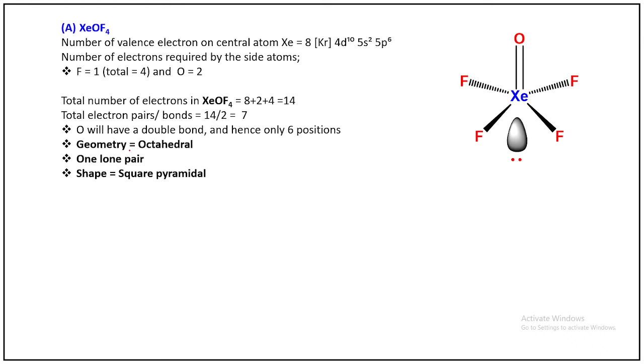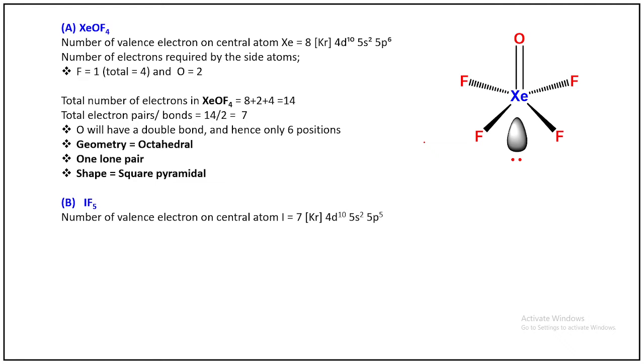Octahedral means we have a square, and above one atom will be there, below one atom can be there. But since only 5 side atoms are there, we have one vacant space and it will be a lone pair. Hence, the shape will be square pyramidal.